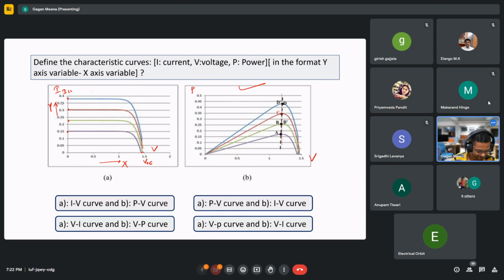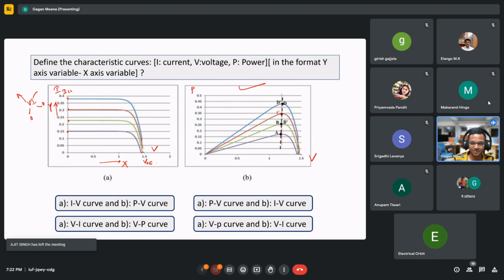What is the reason? Because the circuit is open, so power will not flow. Power is the combination of voltage and current. In both points, one of them is zero. The power is V into I. So if this is maximum, this is zero. If this is VOC, this is zero.